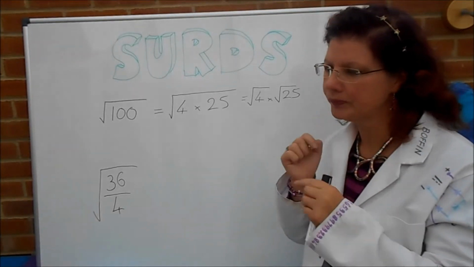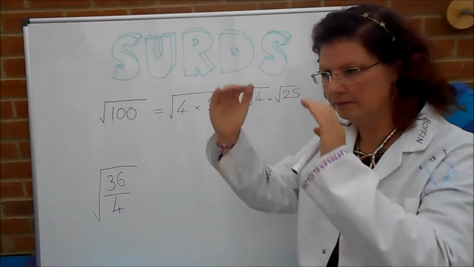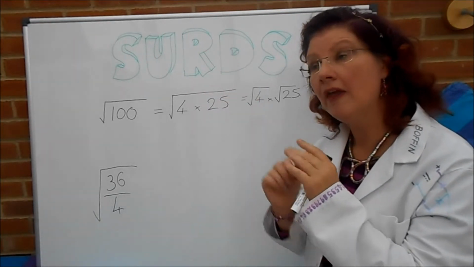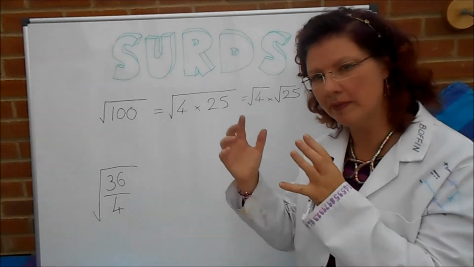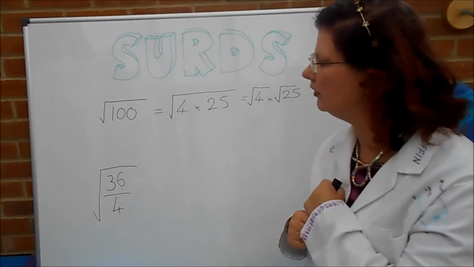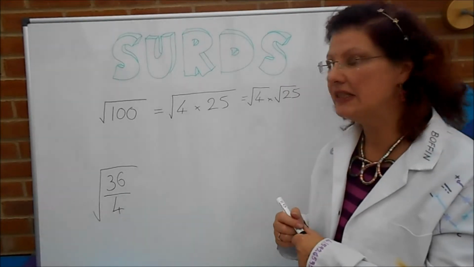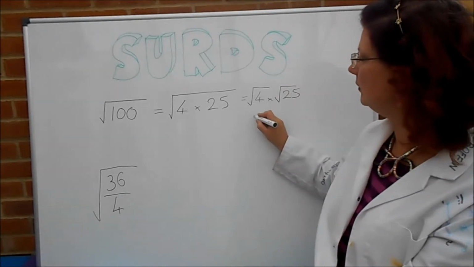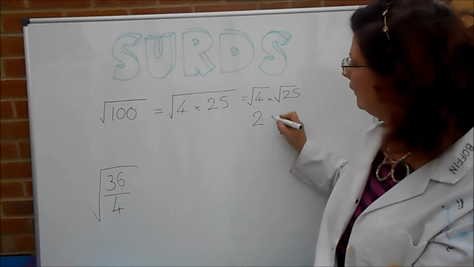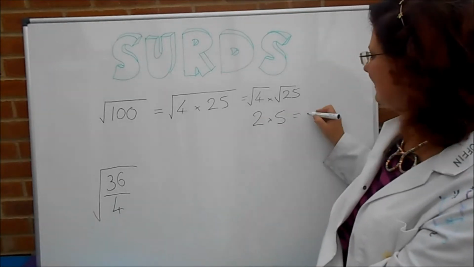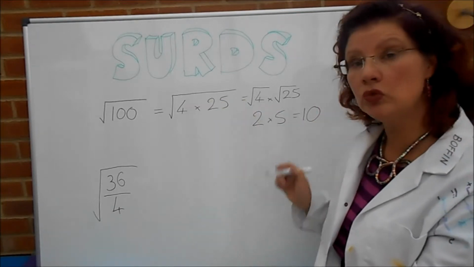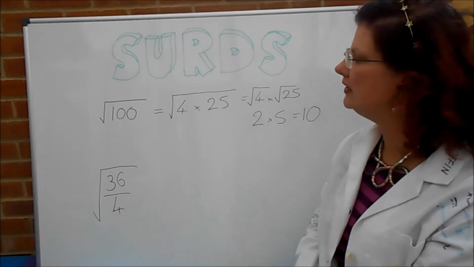If I do a times b and then square the whole thing, that's the same as a squared times b squared, because they're all multiplied together. It works kind of the same with roots as well. Okay, this is now dead easy. The square root of 4 is 2. The square root of 25 is 5. And 2 times 5, of course, is 10. So it does work.